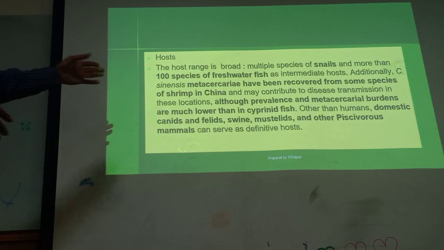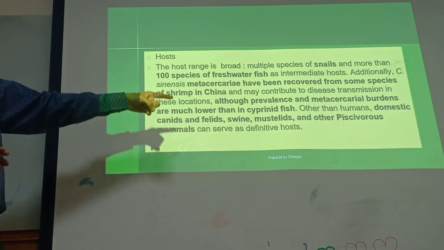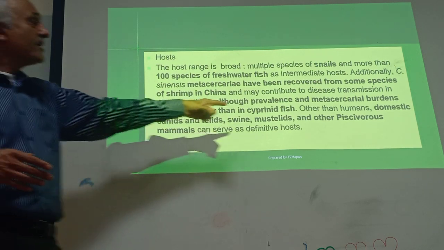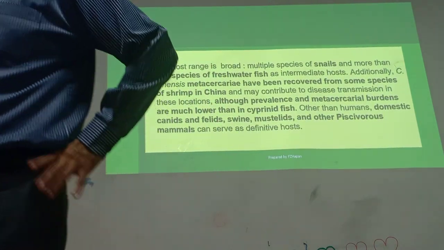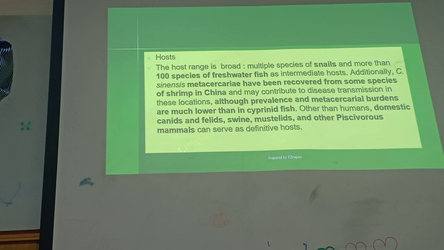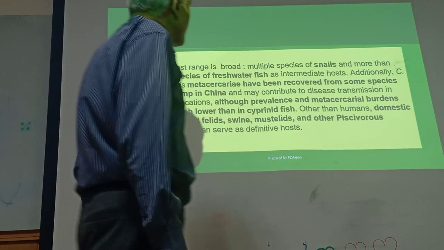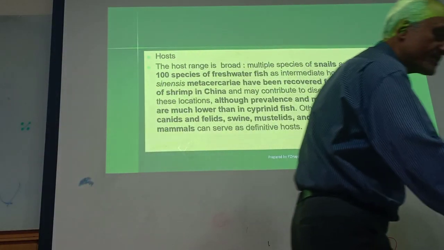And also, do you know what piscivorous means? Fish-eating animals. Yes, fish-eating animals, like birds even, cat, dog, jackal, and so on. This is also important, and they can serve as definitive hosts.